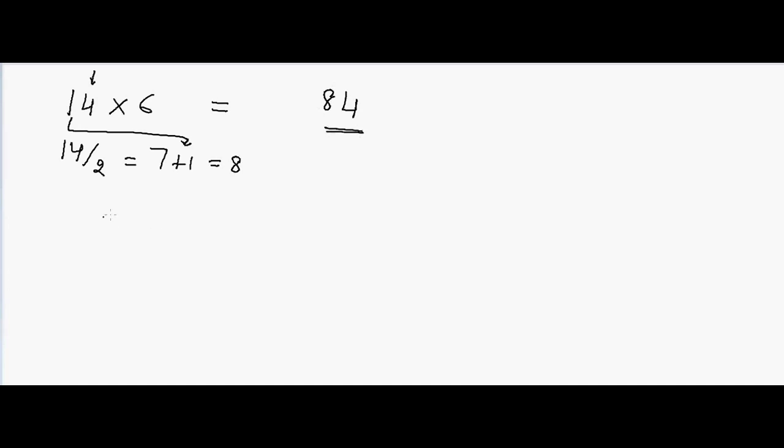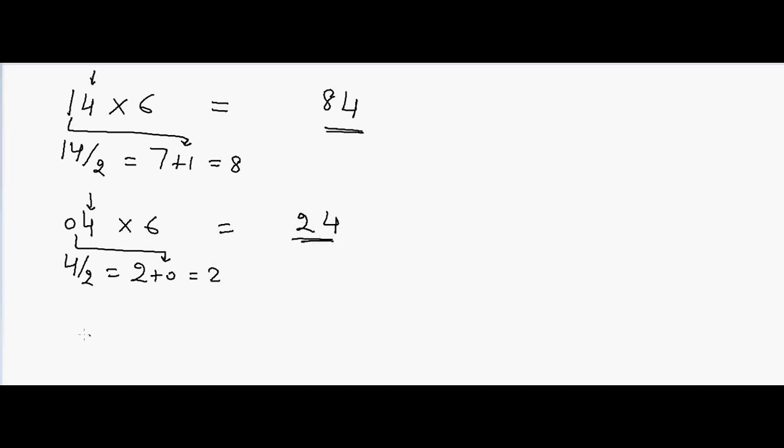Another example, if I have 4 and I want to multiply by 6, the last digit is 4, so I'll write 4 here, and then half of 4 is equal to 2. And because it's a 0 here, if I add 0 it will still remain 2. The answer will be 24.